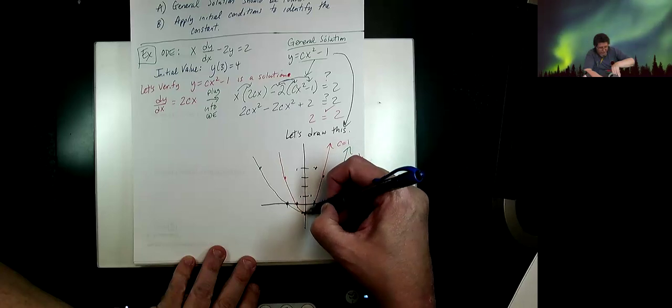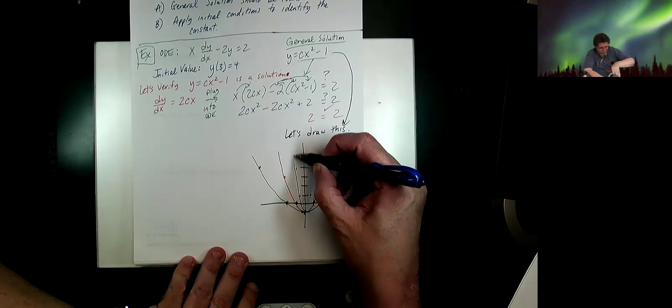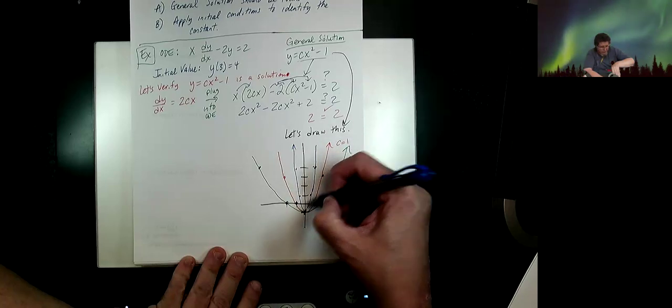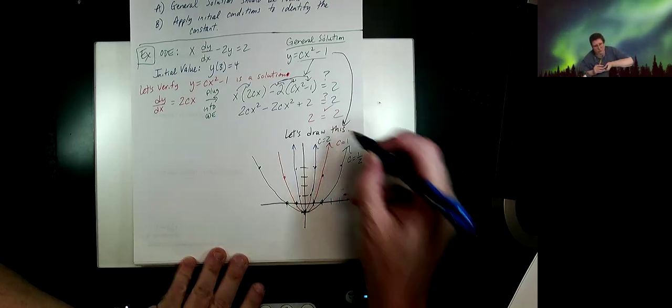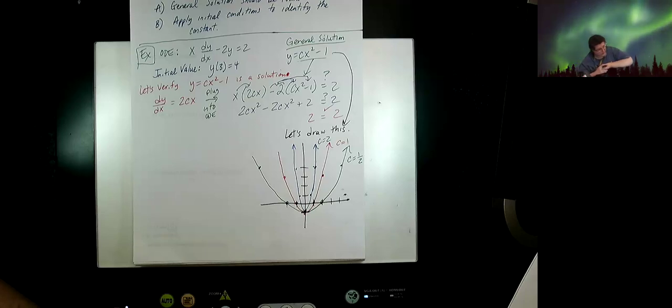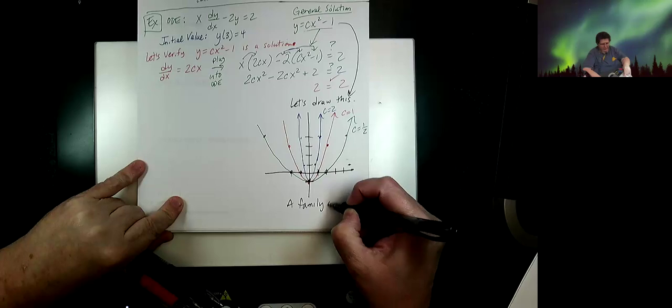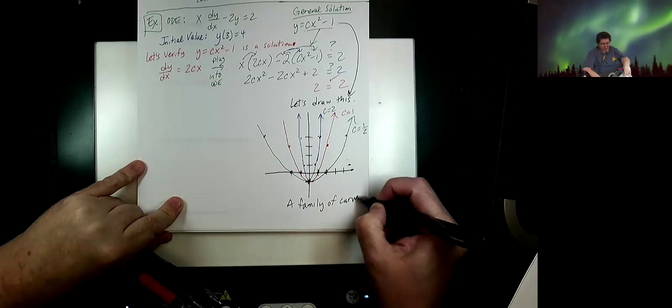And if I tighten it up a little bit, that's kind of like C equals 2. That's just a few of the C's. This is why we call this a family of curves. All of these satisfy that equation.